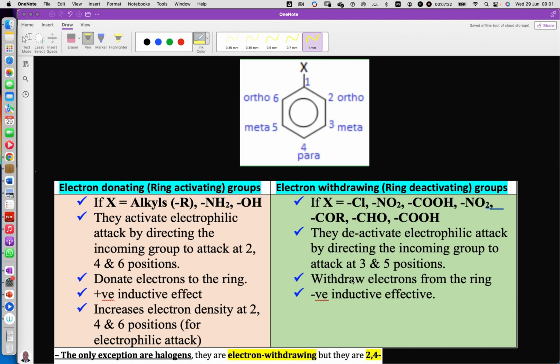When they reduce the electron density of the ring, they deactivate the ring from undergoing electrophilic attack. In that case, they are 3 and 5 position directing.